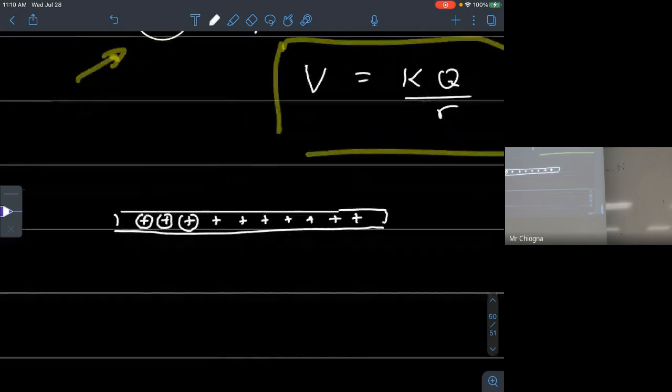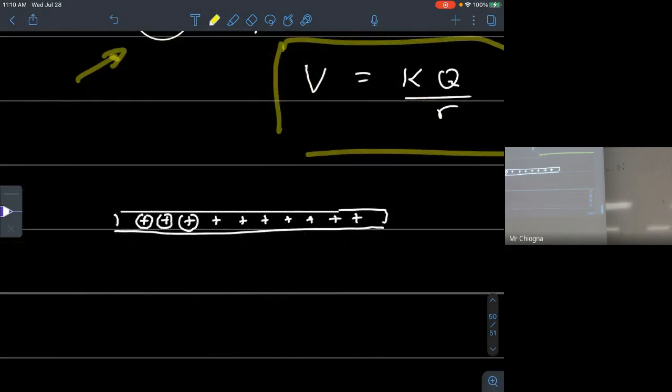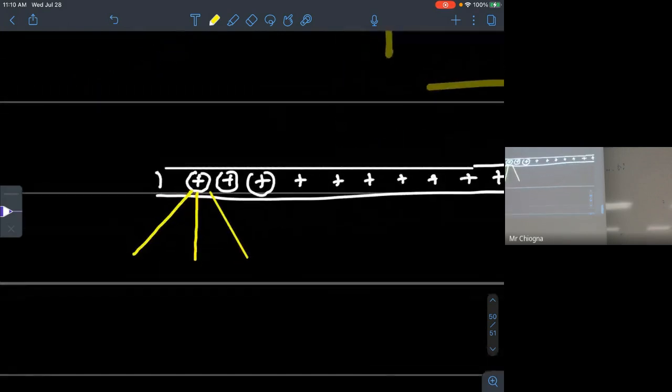I'm going to have to erase some of this because it'll get confusing if I don't. But what do the field lines look like coming out of each of these? Looks like this. That's the first field line. Okay.